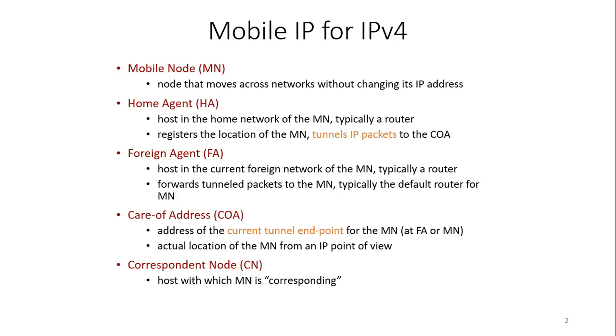That IP address we are calling care of address, COA. And by correspondent node, or CN, we mean the one who is sending you the packets. Somebody within the network may be sending you packets, and that has to reach you. So that sender is called the correspondent node.